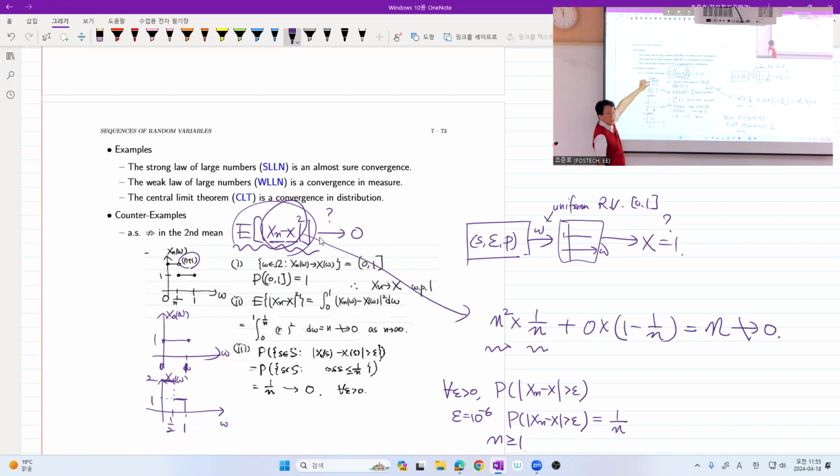Because this is already 2. The difference is 1, right? And this sequence converges to 0. What does that mean? We have our convergence in the probability measure. You choose any epsilon. Eventually, we have something like this, right? So in the Venn diagram, we've seen that we have an example of almost sure convergence that does not surely converge. That does not converge in the second mean, but it converges in the probability measure.